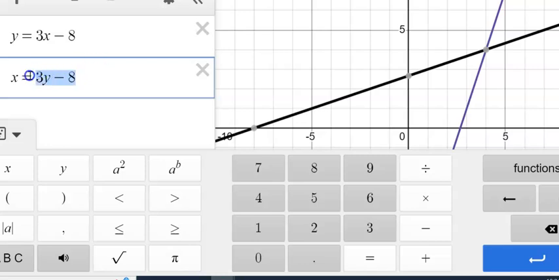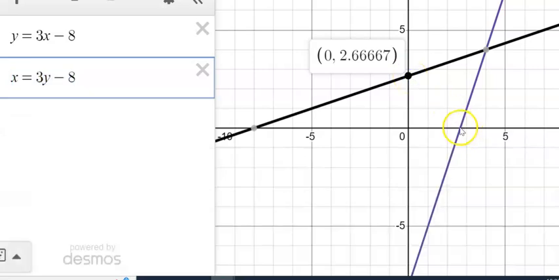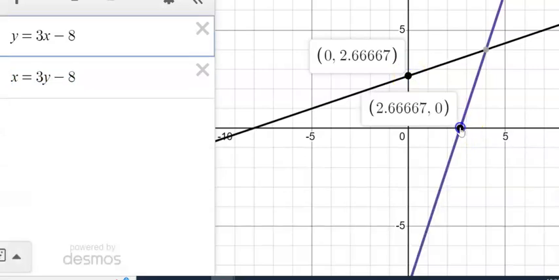So what I was saying in class on the first day was, to be mathematically correct per se, we'll get y by itself to present the answer, but these are still inverses the moment I switch the x and y. So again, you'll note that 0 and 2.667 flips over here to 2.667 and 0. The coordinates are still flipped versions of each other.